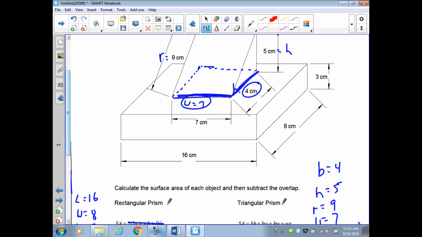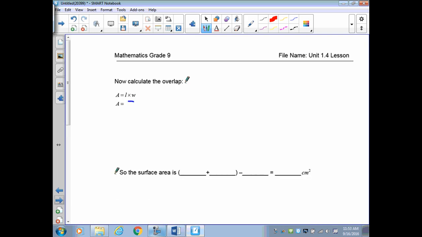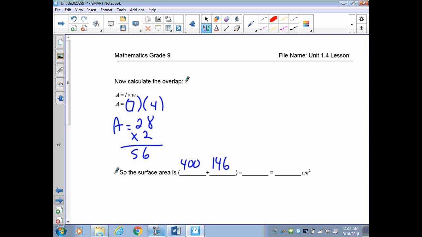So 7 by 4 is the rectangle size, and there's 2 of them, one on the bottom and one on the top. So this is 7 times 4, and that area gives me 28. Now remember, there's 2 of them, so you have to double it. So that's 56. So taking and adding things up, we have 400 plus the 146 for the triangular prism. Take away the 56 for our overlap, which is 490 centimeters squared.